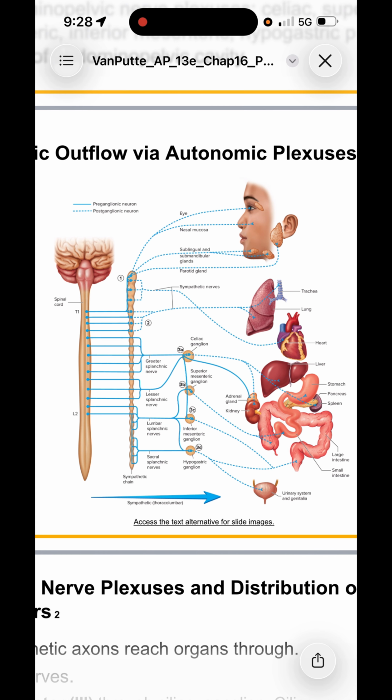Liver, stomach, pancreas, spleen, adrenal gland, kidney, large intestine, small intestine. Celiac ganglion, superior mesenteric ganglion, lesser splanchnic nerve, T1, L2.